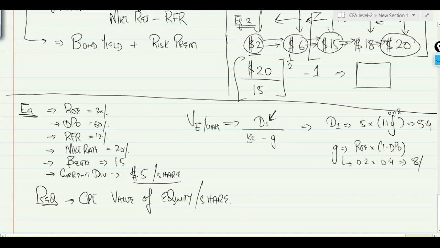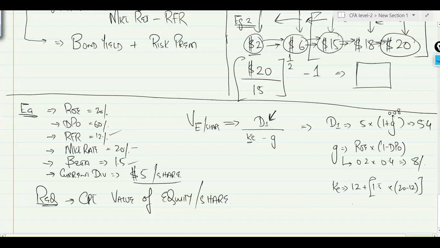And the last thing I want is cost of equity, which is the required return that would be taken out by the equity holders. The risk-free rate is given to be 12%. 12 plus beta is given to be 1.5. And market risk premium is the difference of market return and risk-free rate. So 20 minus 12.